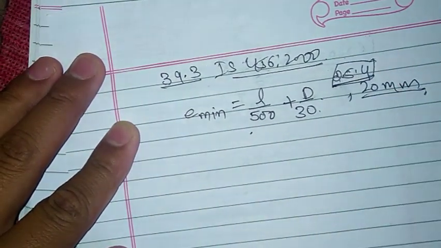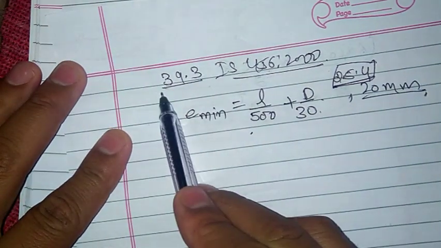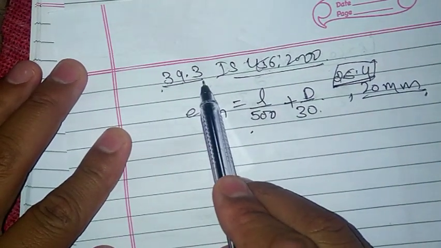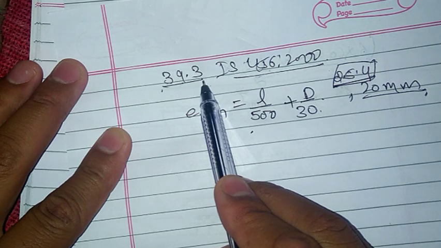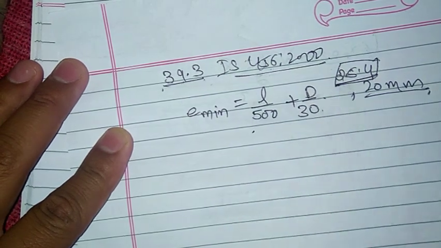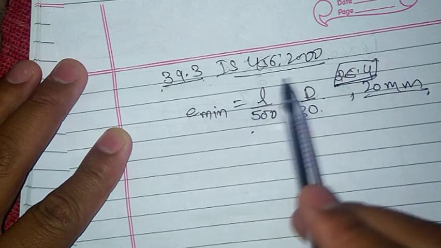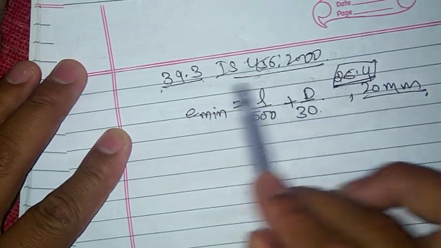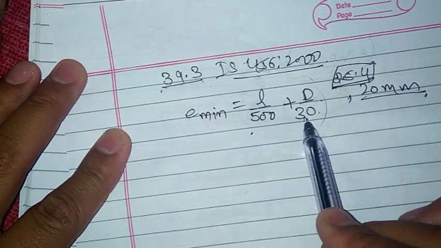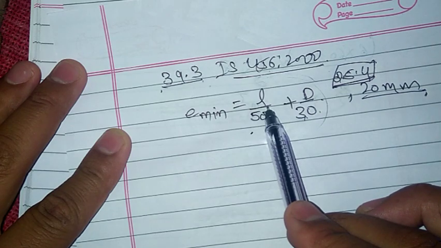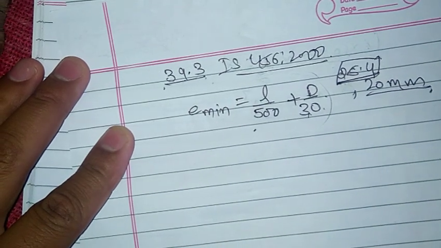As per clause 39.3, a short column which is axially loaded should be designed for minimum eccentricity, which is given by this, where L is the unsupported length of the column and D is the lateral dimension of the column.